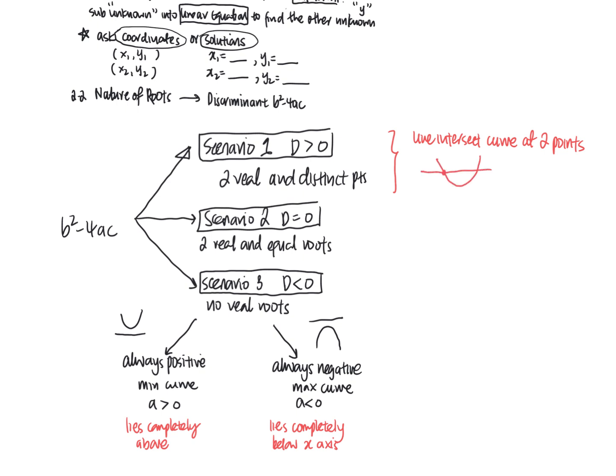So they are telling you discriminant is greater than 0. And then for this, they will say line is a tangent to the curve, which you know it means it just touches the line at 1 point, or they can use the word touches the curve, line touches the curve. So two different ways that they can say the same thing.